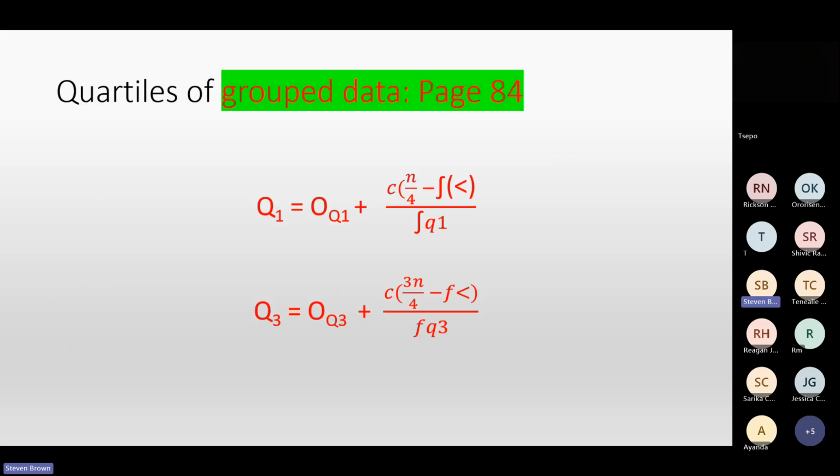Now we're going back to our color-coded grouped data. Question 4, okay? Not a question 3 type number. So now we are going to see that you will either have a quartile 1 or a quartile 3 question for group data.